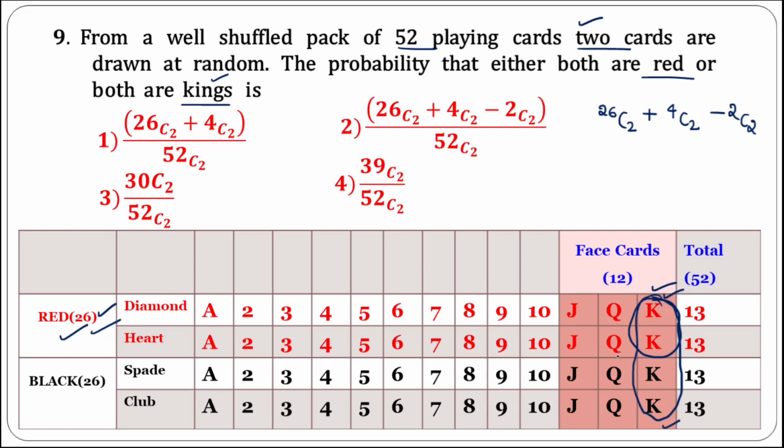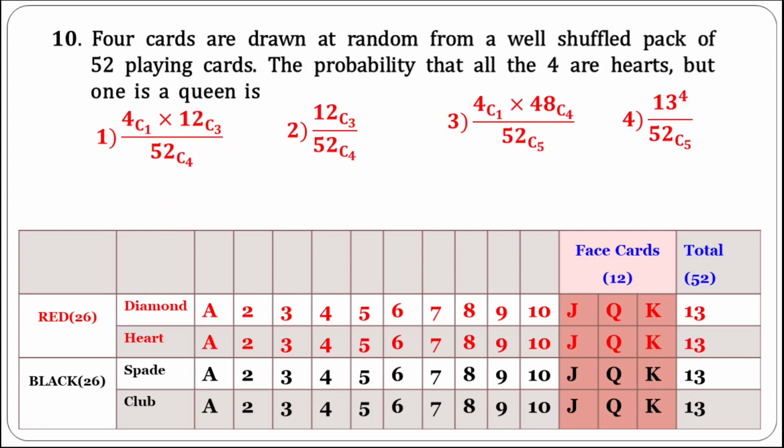How many kings are repeated? 2 kings. Okay, and how many cards I have to select? 2 cards. So what's the option? 2C2. I should remove it, divided by what's the total possible combinations. Out of 52, I have to select 2, right? So which option? Option 2, right?